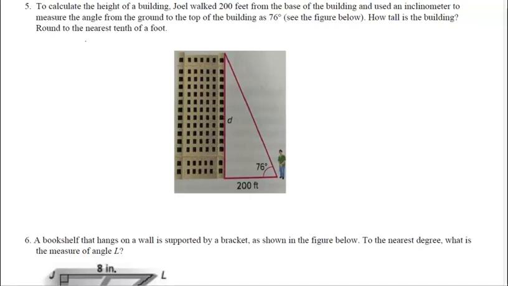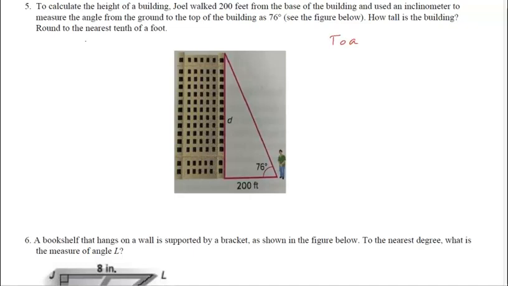Moving on to number 5, we're trying to find the height of a building. It's called D here in this problem. So we're looking from the 76-degree angle. You always want to look from the angle that you're given. So I'm looking for the opposite side. I'm given the adjacent side of that angle. So once again, that's what tangent refers to.